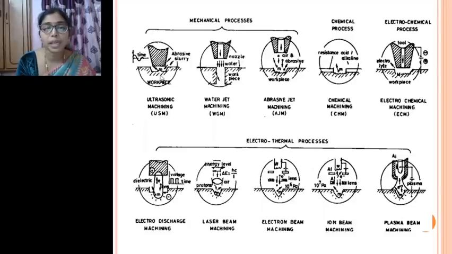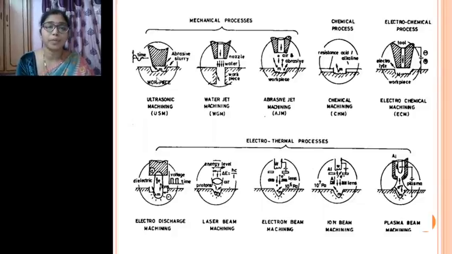As the tool comes in contact with these abrasive particles, those particles also start vibrating at ultrasonic frequency, and they go and hit the workpiece surface with high velocity. Wherever they hit the surface, at that particular point the material will reach or go beyond its shear strength.